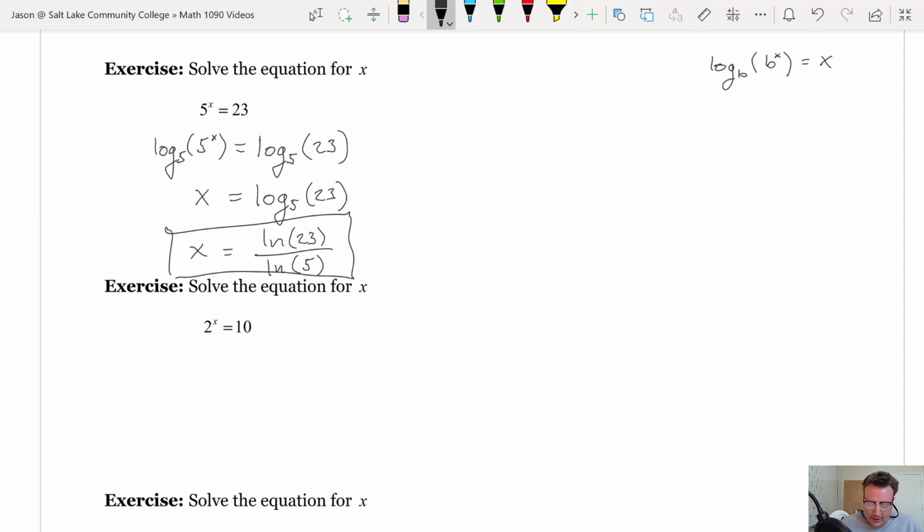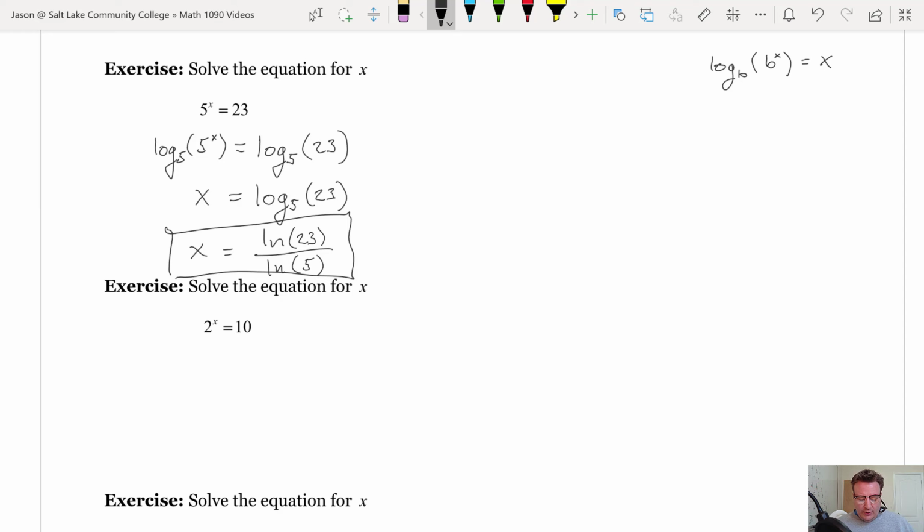We could plug that into any scientific calculator and compute a value. Most of the time when solving an equation, I don't really care that you compute a value, although it is a good idea to compute the value and then plug it back into the original equation and check to see, does it actually satisfy the equation?